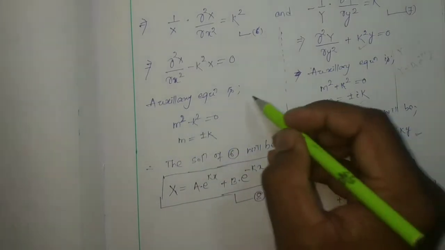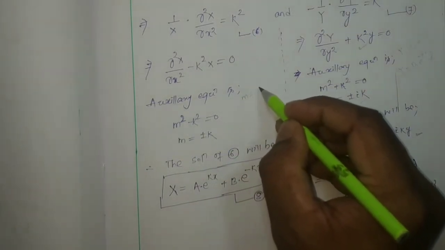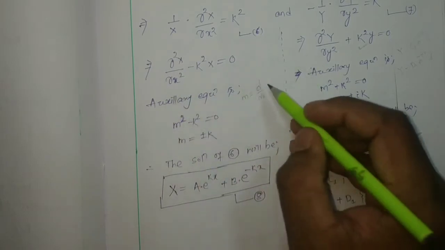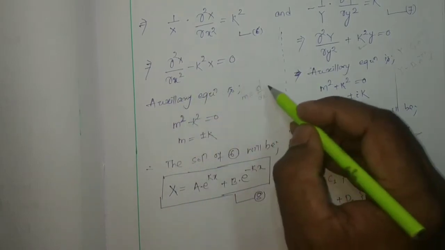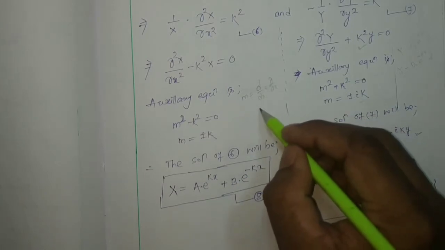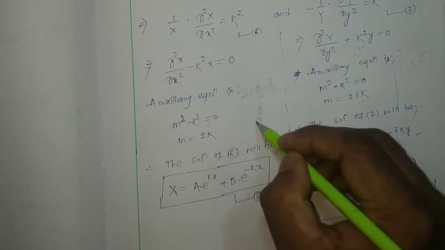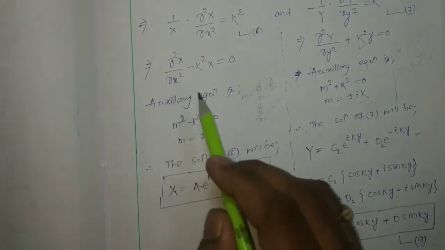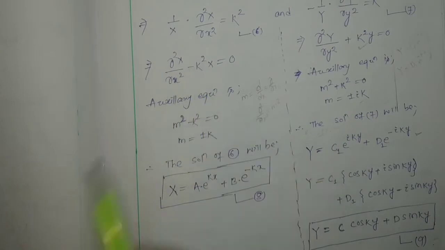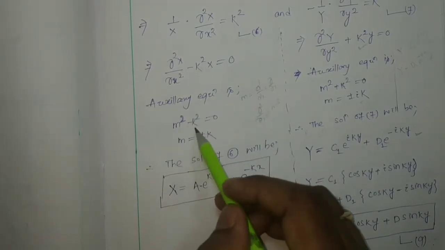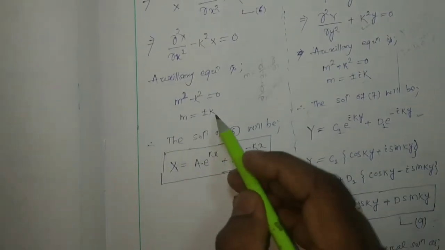Here m we know is d by dx, or del by del x, so del square by del x square is nothing but m square. So the auxiliary equation will be m square minus k square equal to 0, and m equal to plus or minus k.